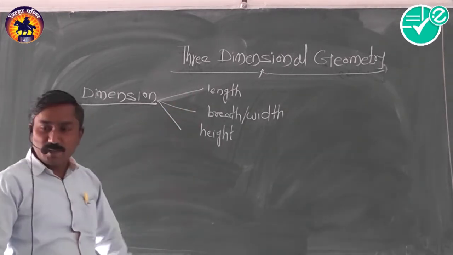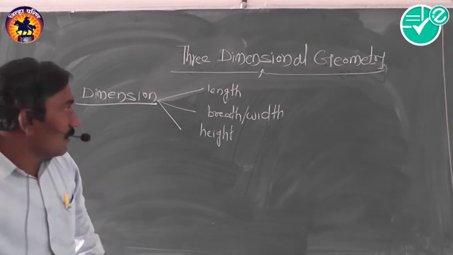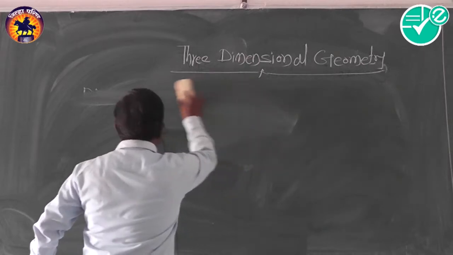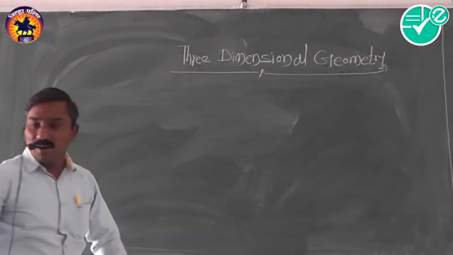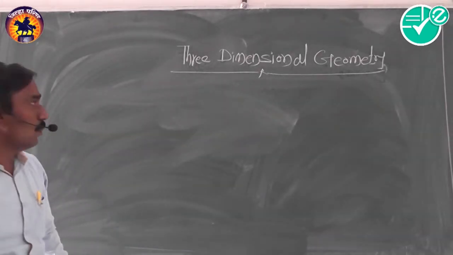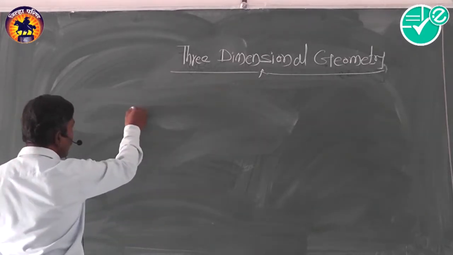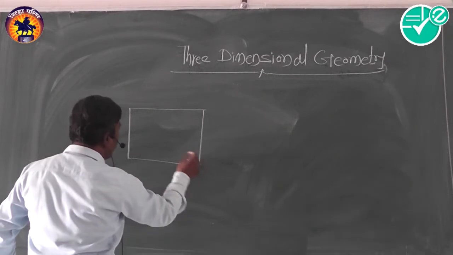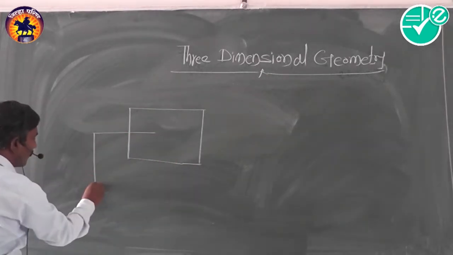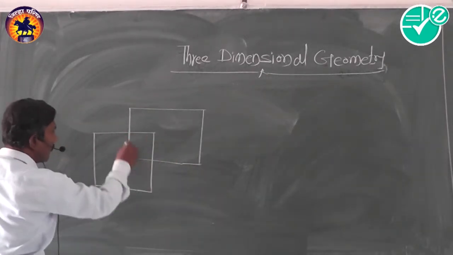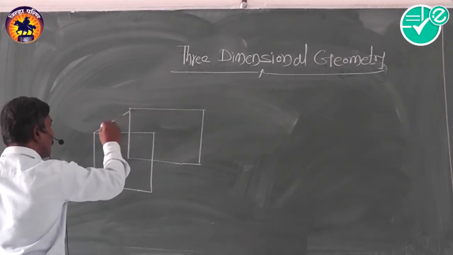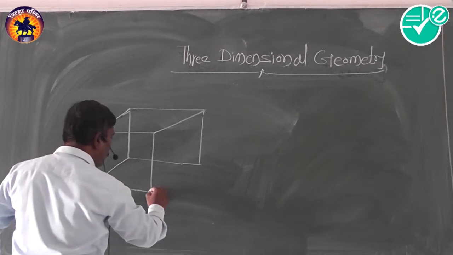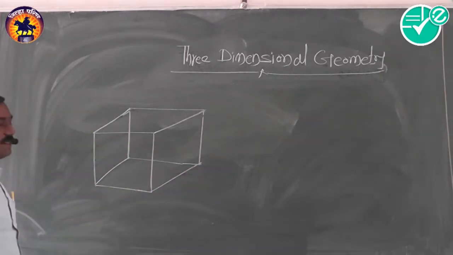So in three-dimensional geometry we have to learn, but before this we see some important dimensional figures. You know, the first dimensional figure is the cuboid.